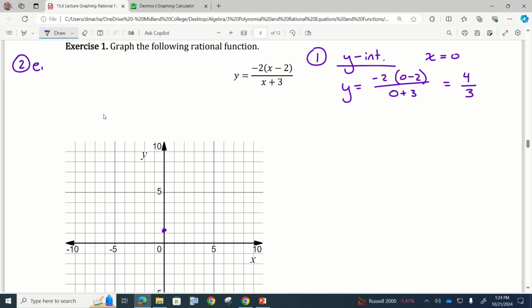Step number 2 is saying, I want to know about my end behavior. Now, for my end behavior, is this a proper or improper rational function?